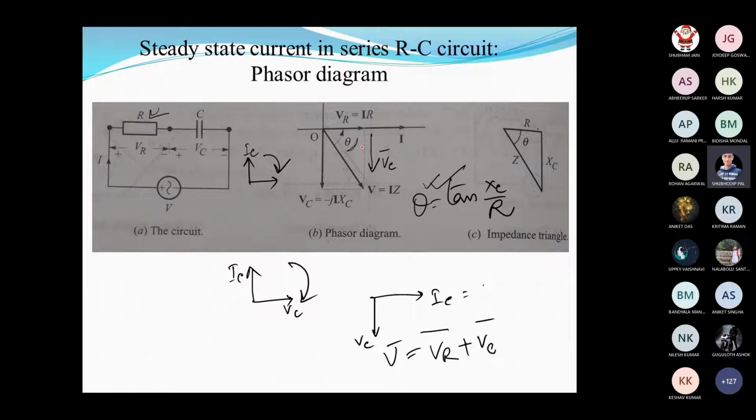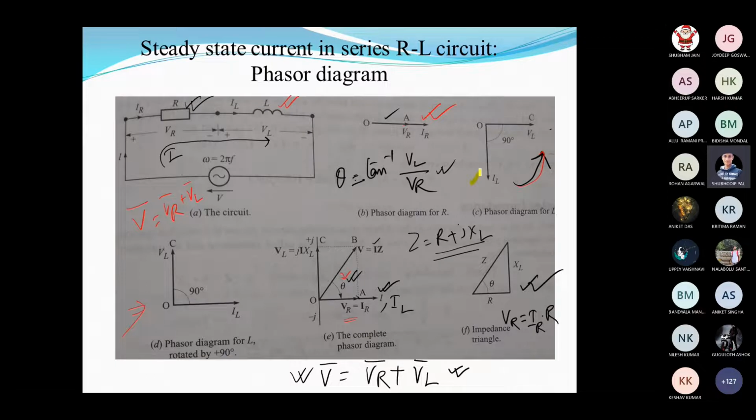Okay, so as I told you, this VR and IR are in the same direction, and in the case of the inductor IL, the current is lagging the voltage. So I have rotated it by 90 degrees.